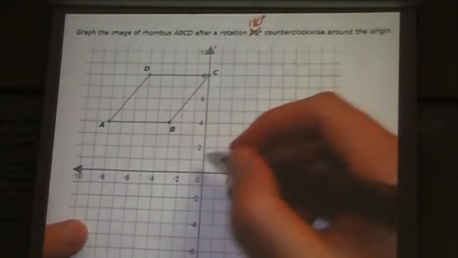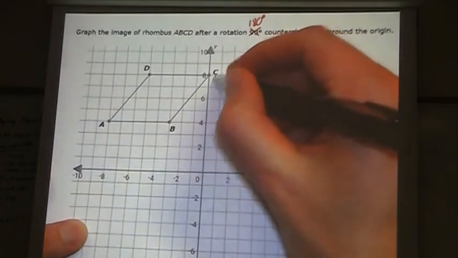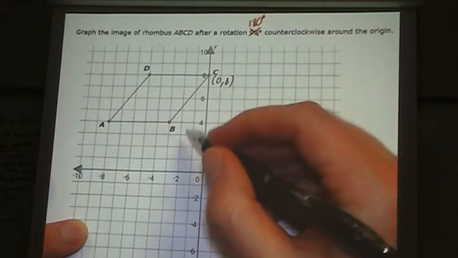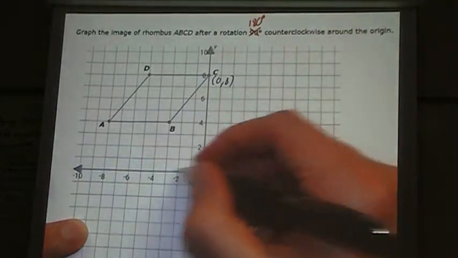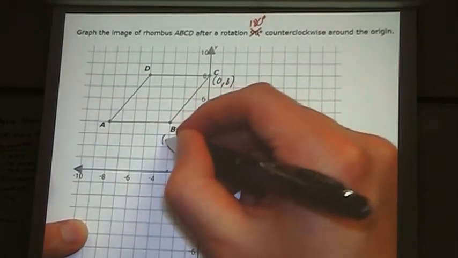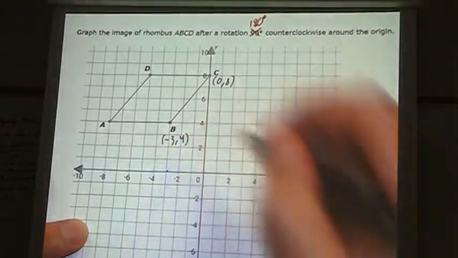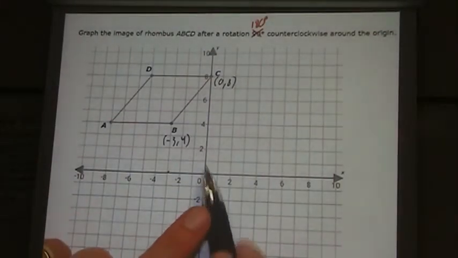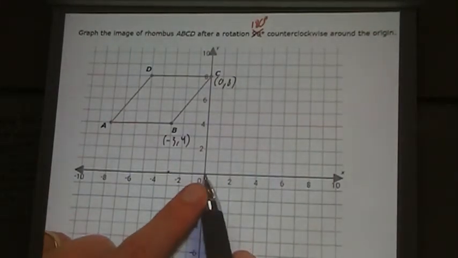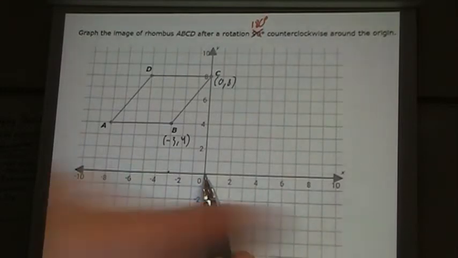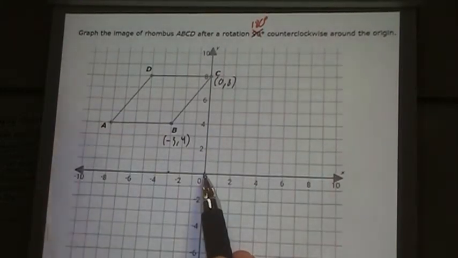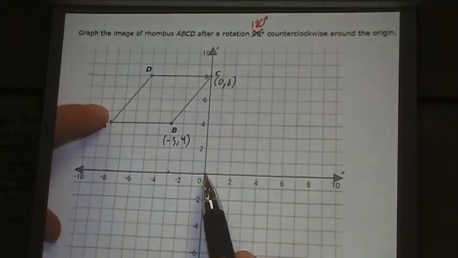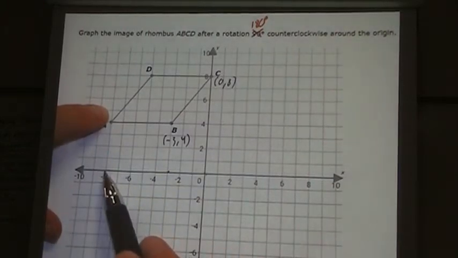So C is 0, 8. B is -3, 4. If you are not sure how to find coordinates, you always start from the origin, that's where the axes cross, and then you're going to go left, right, your X movement first, and then your Y movement. So to get from here to A, I would go left 8, up 4.